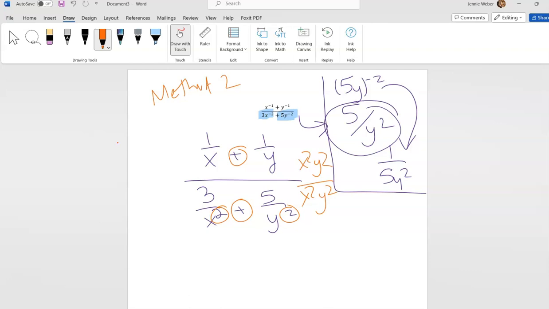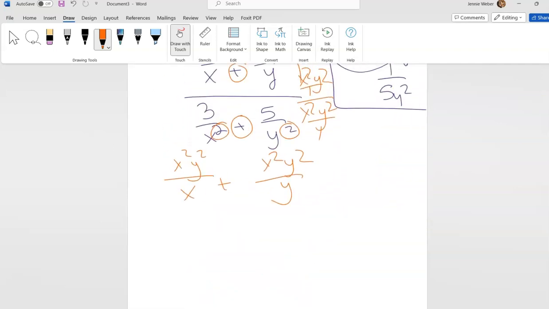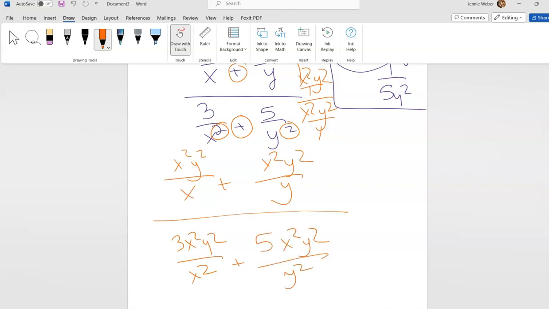So I'm going to take this term, and I have x squared y squared over x plus x squared y squared over y. Because remember, this is really over 1, so this is going to the numerators. Okay? Then this bottom is 3x squared y squared over x squared plus 5 x squared y squared over y squared.